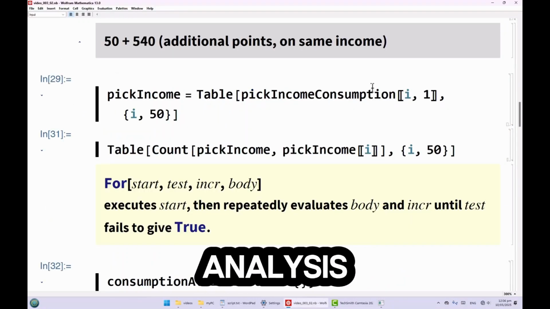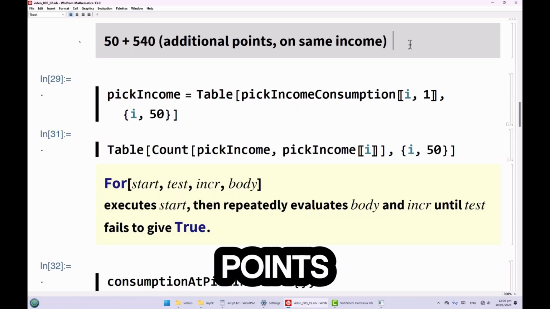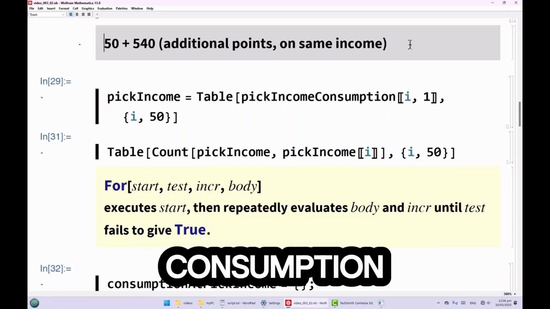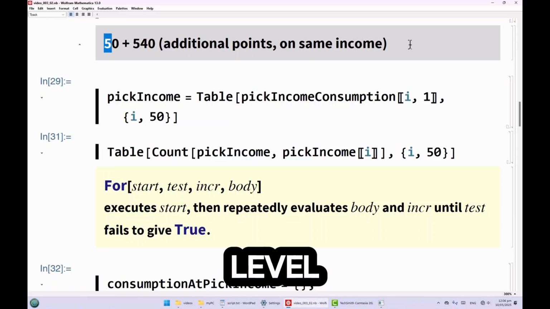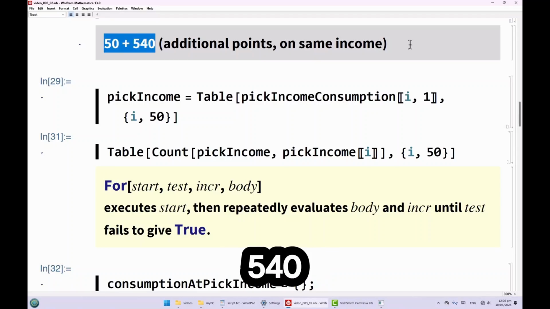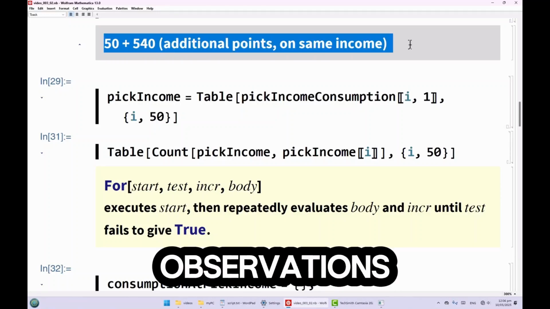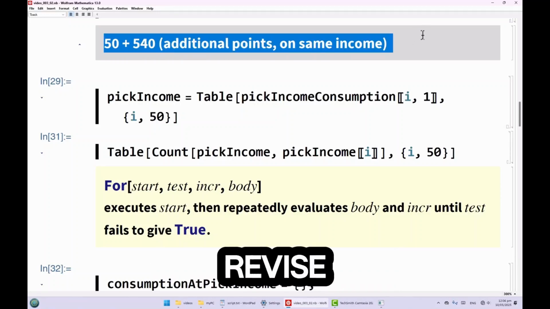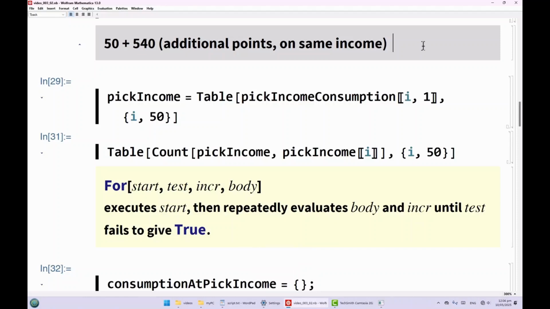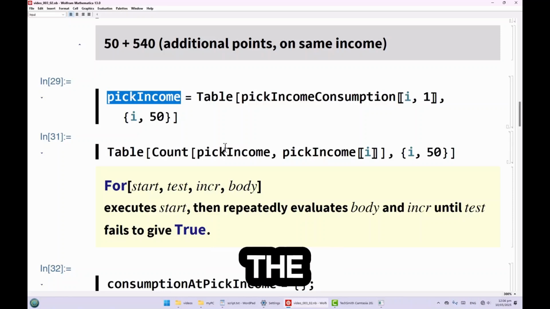For our regression analysis of 50 data points, if we consider other consumption levels for the same income level, 540 additional points are added to make the new sample size of 590 observations. Let's revise our analysis for it. Pick income is the list of 50 income levels we selected to analyze.